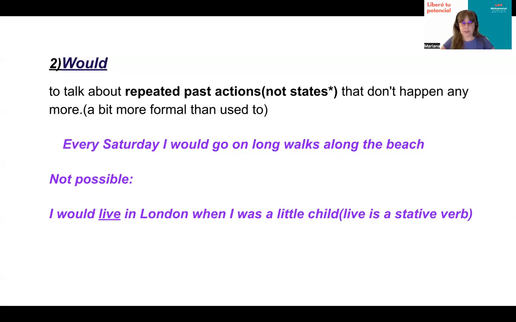And the translation of would would be something like caminaba. Instead of caminé, which would be a simple past action, this is caminaba. Cuando era pequeño, visitaba, corría, caminaba. So that is the type of past.